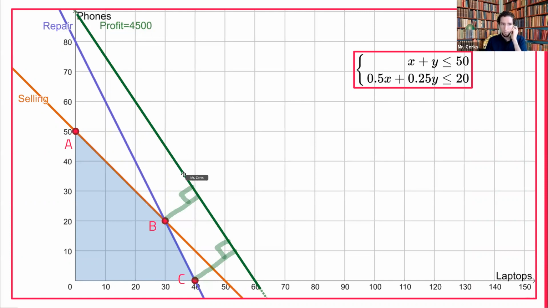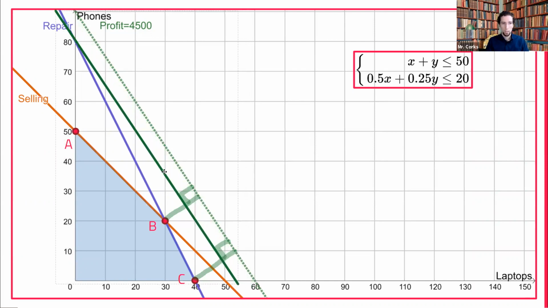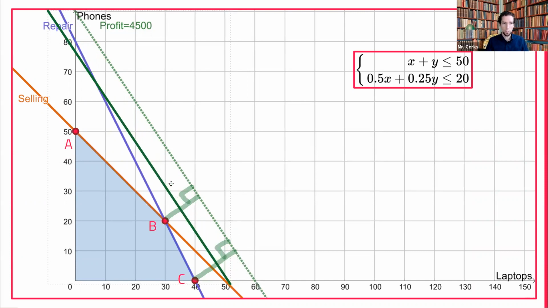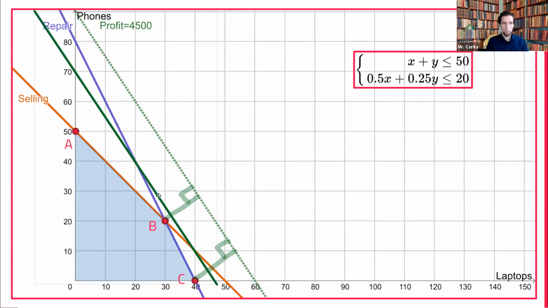So basically, I'll do this visually, but what we would be doing with math is just taking our isoprofit line and just sliding it closer like this. Okay, which one's closer, B or C? Not sure, not close enough. Let's keep going closer, B or C? Not sure. Okay, now it's really obvious B is going to be the closest one.